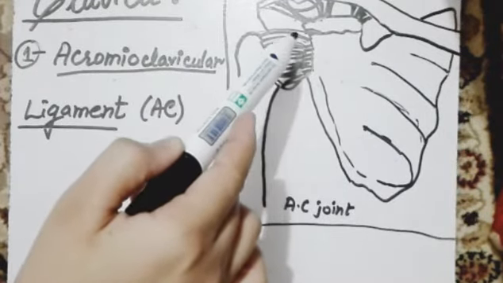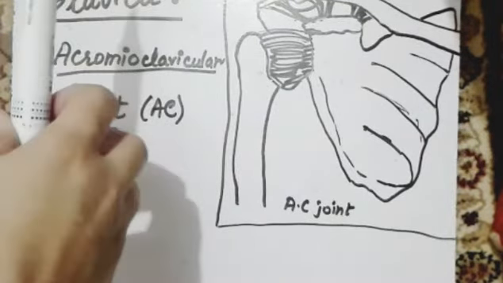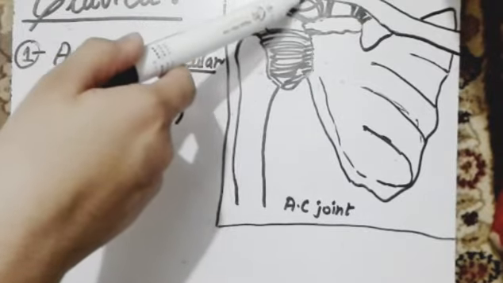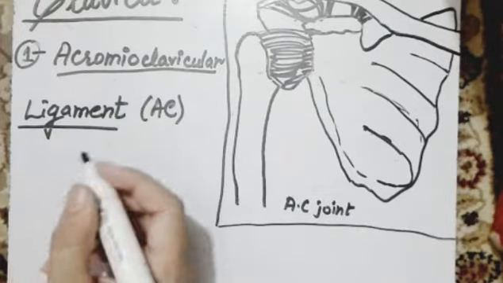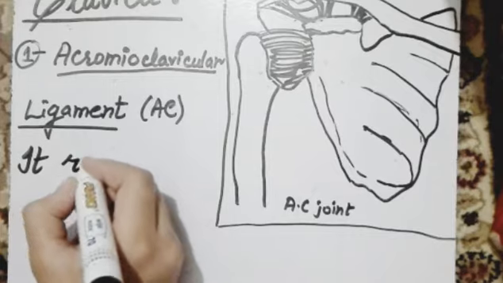The acromioclavicular ligament forms a strong connection between the clavicle and the scapular acromion, which restricts movement above the clavicle at its acromial end to prevent its dislocation. Okay, let me just write it down for you.